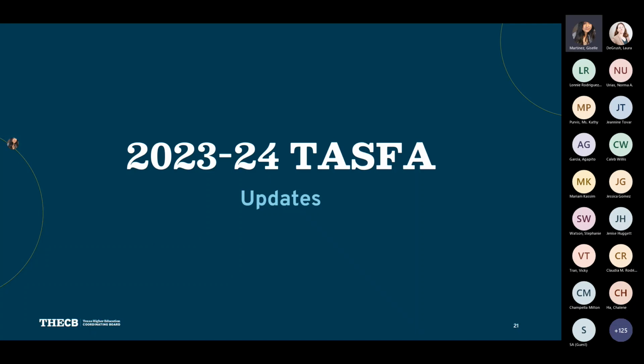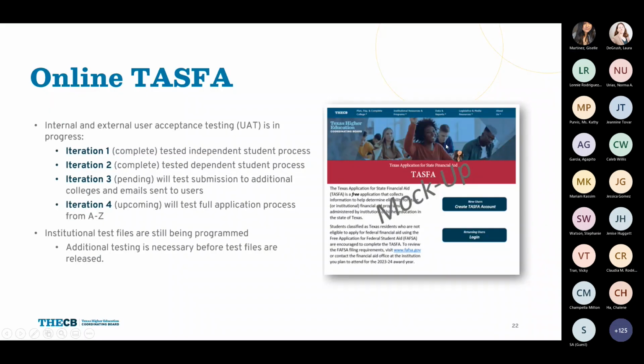Next, we are going to be going over some 23-24 TASFA updates. We are continuing to refine the online TASFA and are progressing with our internal and external user acceptance testing. We have iteration 1 where we tested the independent student process, and iteration 2 where we tested the dependent student process have been completed.